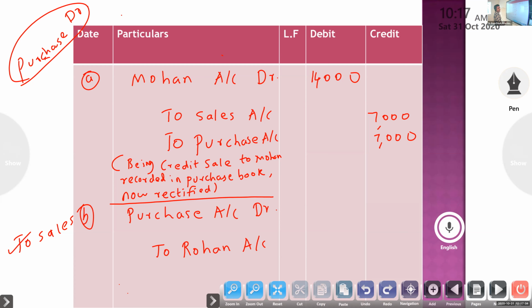To rectify this error, we have to debit it. So purchase account debtor, sales account debtor to Rohan account. So 900, then 1,800.